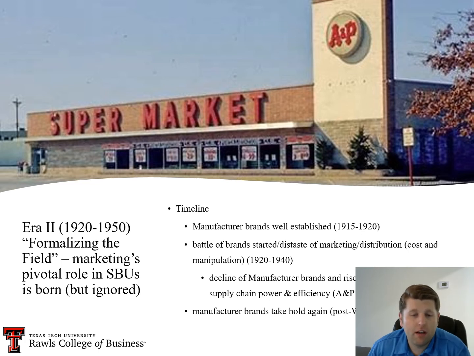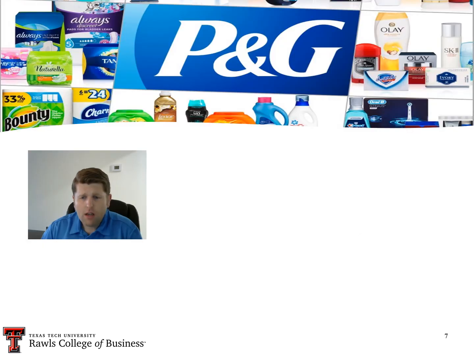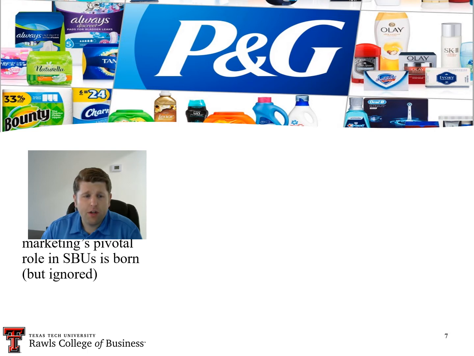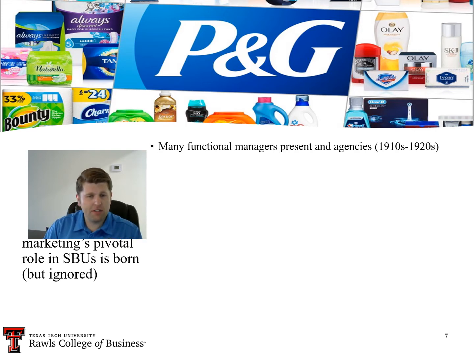We don't see a lot of retailer brands, and those retailer brands now are basically what we know of as the more inexpensive option for us at a store or retail location. So that brings us to a little bit more of talking about the role in the strategic business unit.